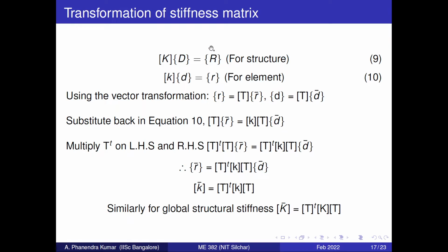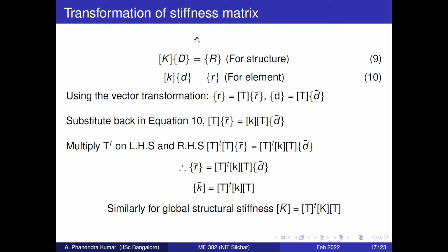Now we will go back to our finite element formulation, where KD equals R is for the structure and kd equals r is for the element. Even here, the small letters represent the element and the capital letters are for the structure. So we know K is the stiffness matrix, D is the degrees of freedom, and R is the resultant force vector.